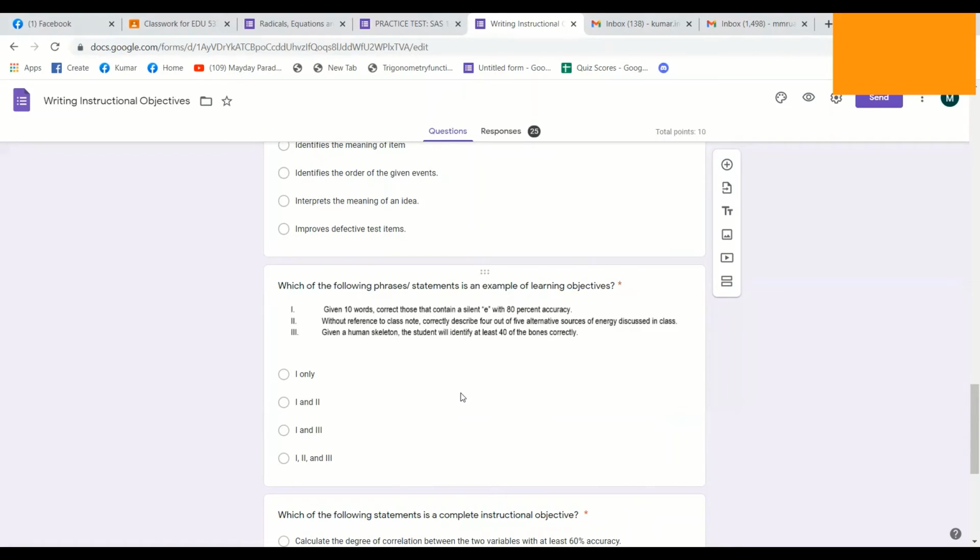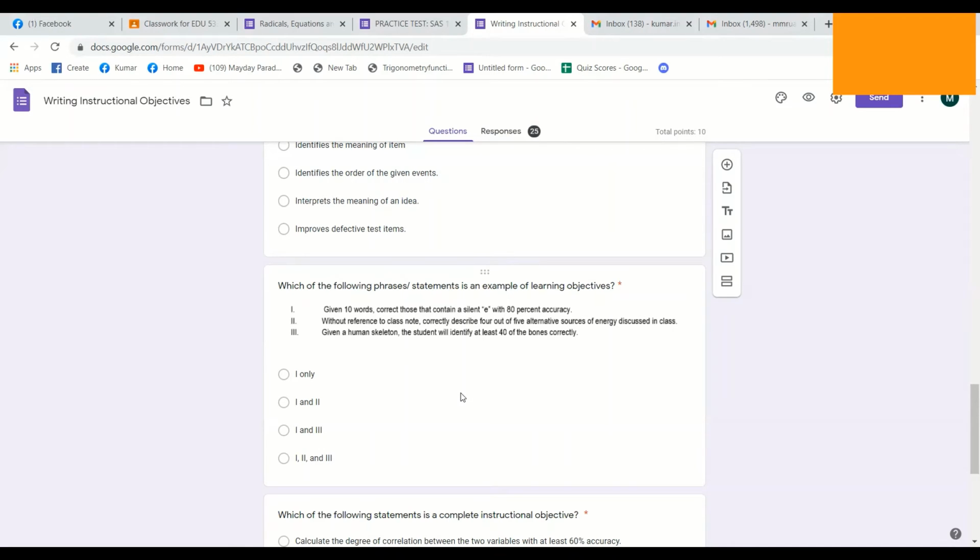So when we say complete learning objective, there should be a criterion. There should be observable behaviors, observable learning outcomes, and we have a criterion level. So first, given 10 words, correct those that contain silent E with 80% accuracy.